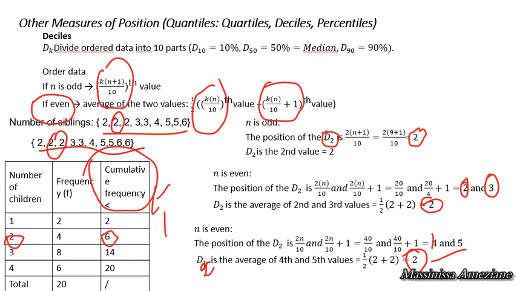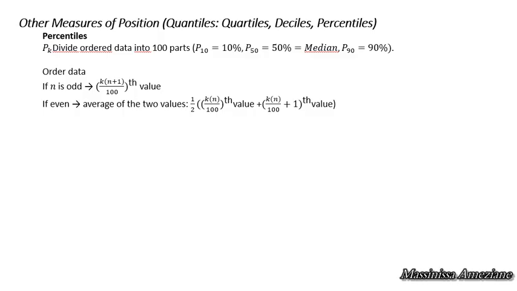Now the last one is the percentiles, and they are the same as the other measures of position. The only difference here is that percentiles divide data into 100 equal parts. So how to find different percentiles? The first thing to do is order the data and check if n is odd or even.